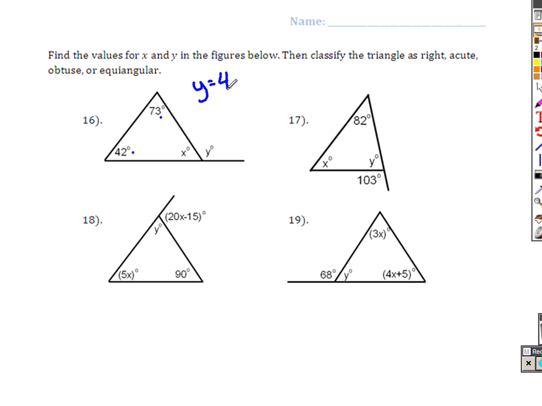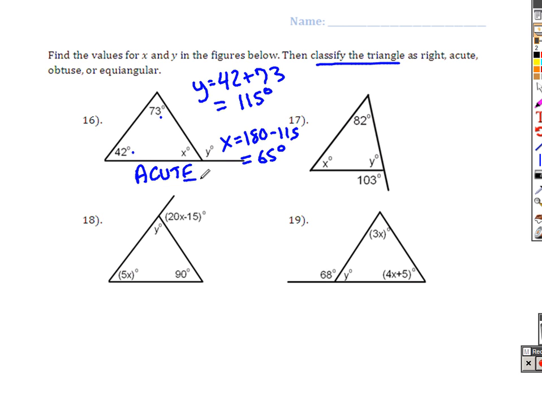So y equals 42 plus 73, which means y must equal 115 degrees. I can then find x because x and y make a linear pair, so x must equal 180 minus 115, and that means x equals 65 degrees. Then again, we need to classify our triangle here, and in this case, they're all acute angles, so we're going to have an acute triangle.